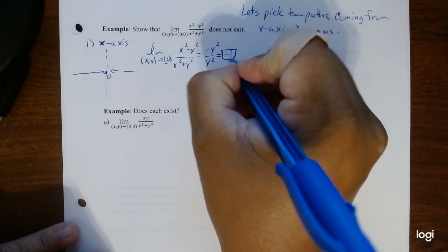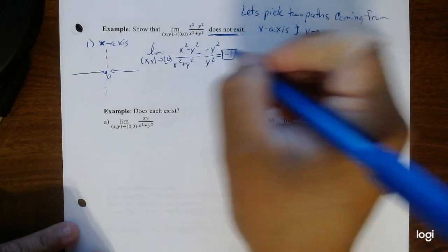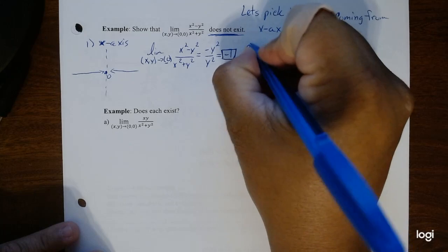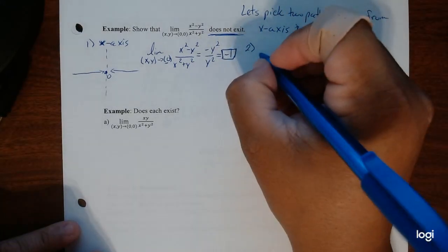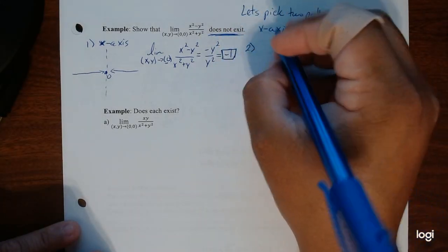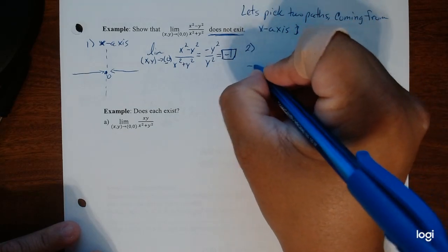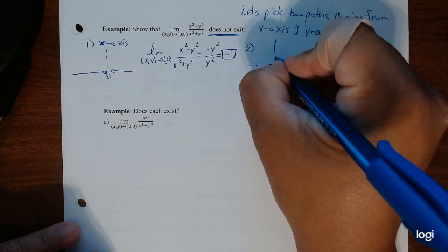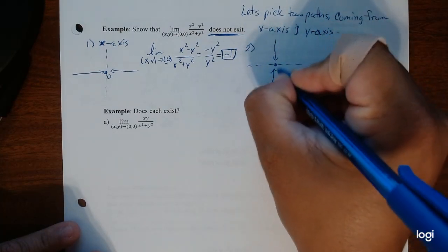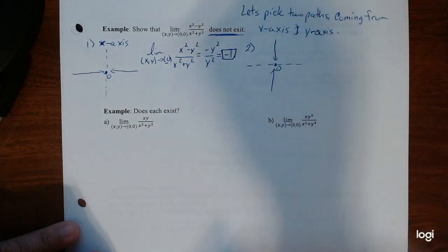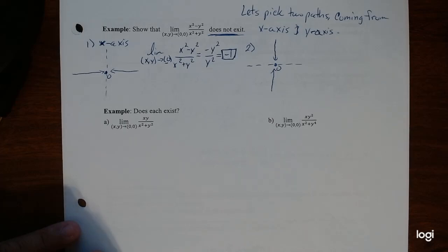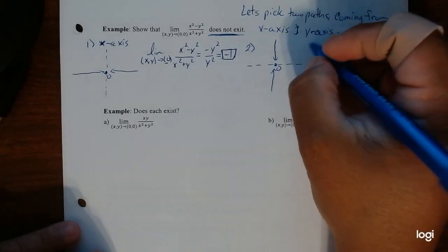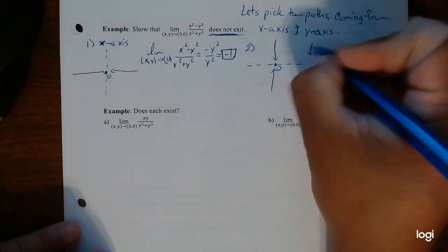Okay, so all we have to do to show the limit does not exist is, if I pick a different curve or different path, it's not going to be negative 1. So this time, we're just going to do the opposite. We're going to do the y-axis, so coming from the y-axis up or down. So again, remember what we just did here.